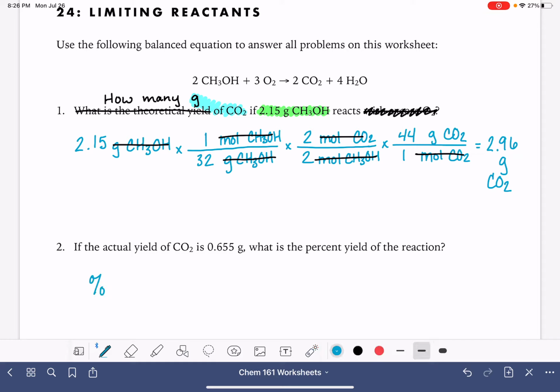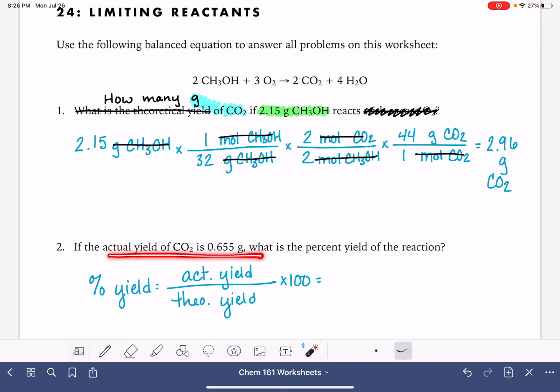The equation that we use to calculate the percent yield is to take the actual yield, I'm just going to write ACT, and divide it by the theoretical yield. And then to turn it into a percentage, we're going to multiply it by 100. So this problem is telling us the actual yield is 0.655 grams.